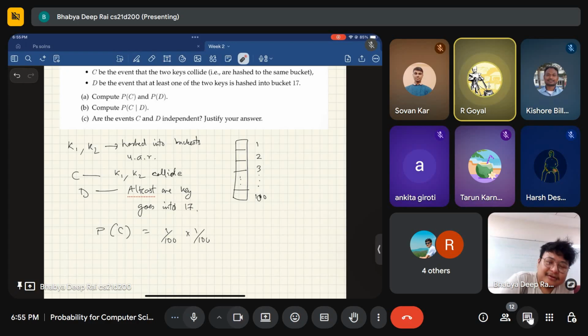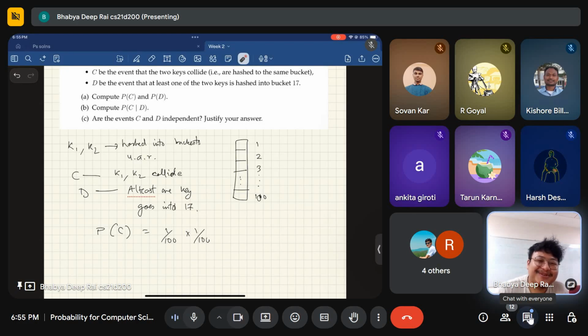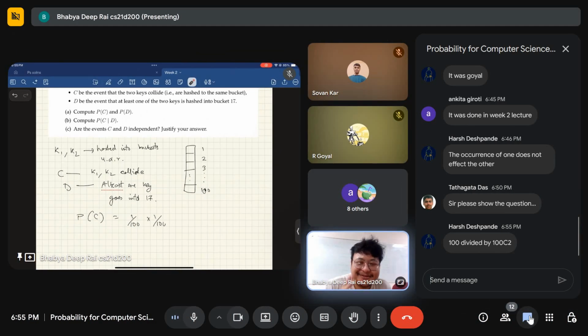So this is the joint probability of what? The joint probability of two keys being in a 100 bucket, but not the same. Sameness is missing here. This is doing something a bit extra. Harsh is saying 100 divided by 100 C2. So you are choosing pairs.